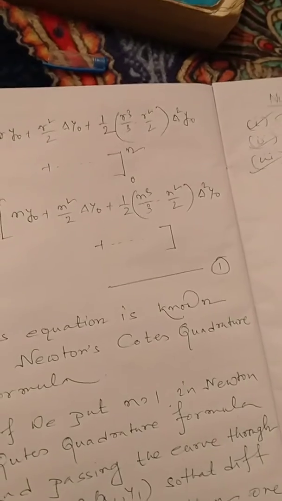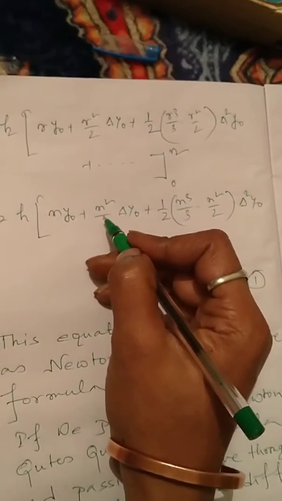Okay, and the right hand part is h into, n equals to 1, that's why this is y0, and this part will be 1 by 2, so 1 by 2 del y0.